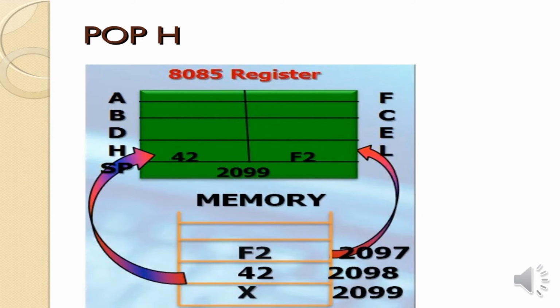So the 8085 register value is copied into stack memory by the push instruction and the stack pointer is decremented by 2. With the pop instruction, the stack memory data is transferred into the mentioned register pair, such as HL, and the stack pointer value is incremented by 2. In this way, using the push and pop instructions, we can access the stack.